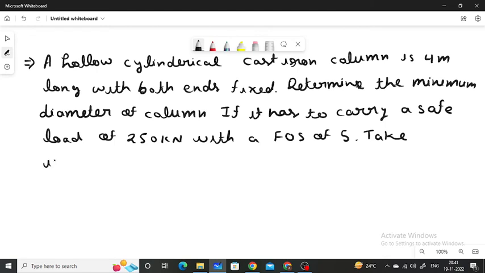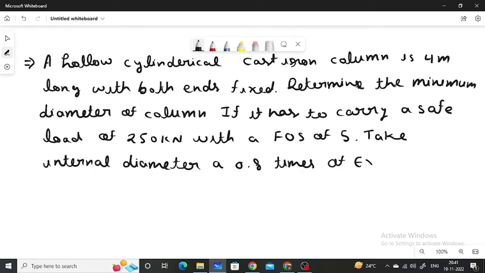Take internal diameter as 0.8 times of external diameter.